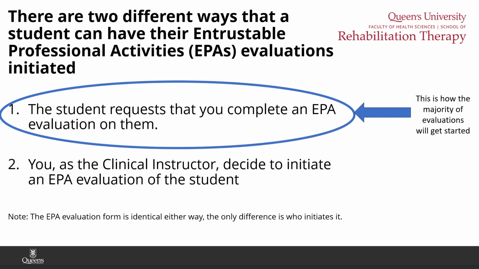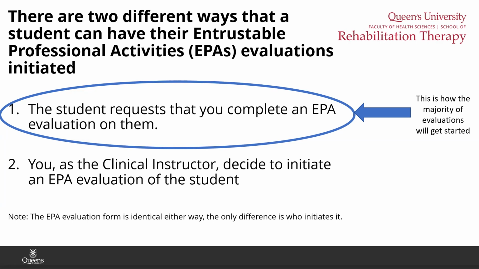So how do these EPAs get started, and who's responsible for what in terms of evaluation? There are really 2 different ways that EPA evaluations can be initiated. The first and the most common way is that the student will request that you complete an EPA evaluation on them, and they actually get it started. I'll walk you through what that looks like in a moment.